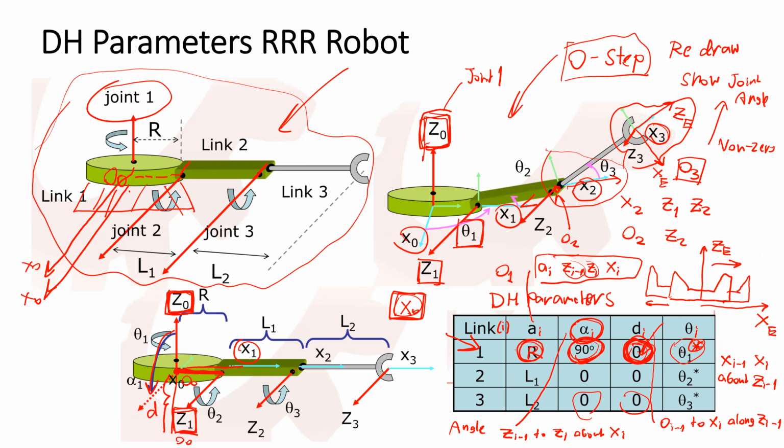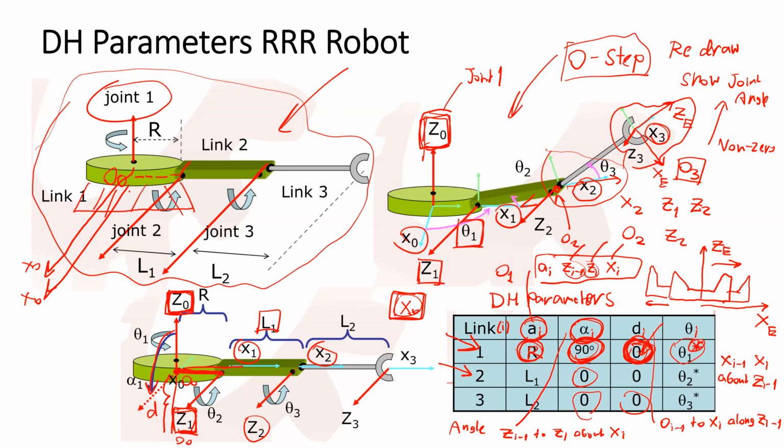Okay, we still use the similar way to obtain the parameters of another joint, for link 2. The link length is the distance between Ci minus 1 and Ci along Xi. So the link length is the distance between C1 to C2 along X2. So that length is L1.